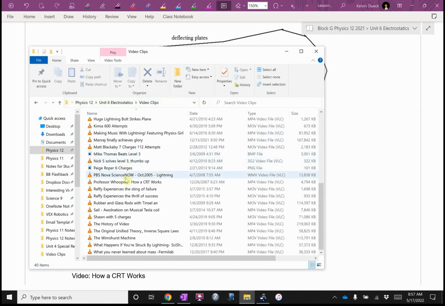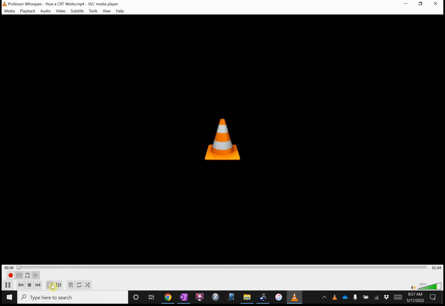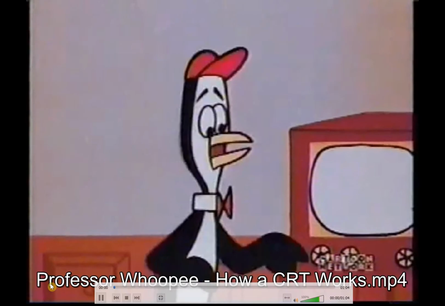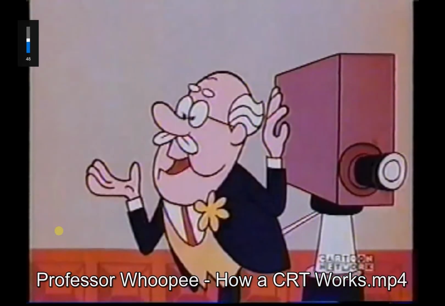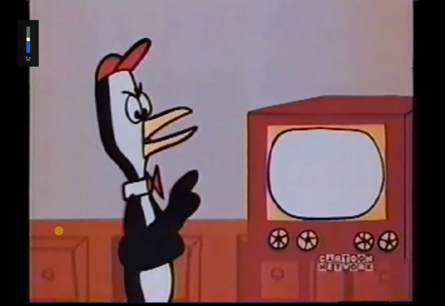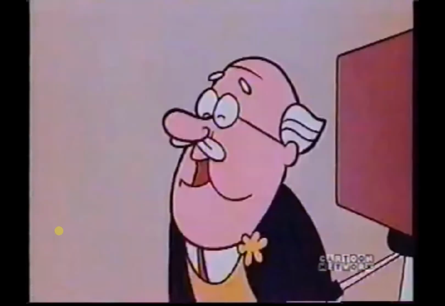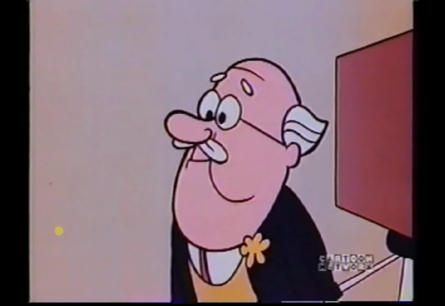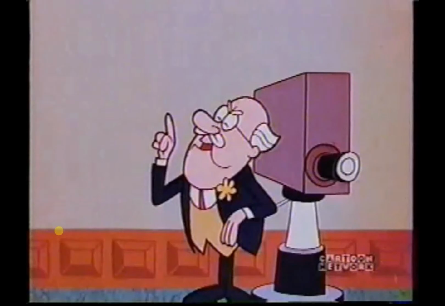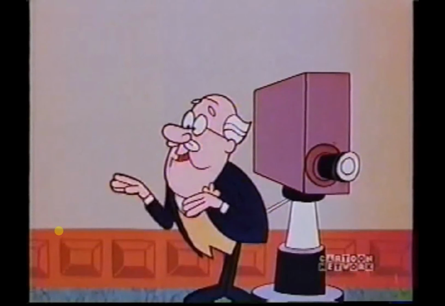Where is Professor Whoopi? There he is. But there's still something I don't understand, Mr. Whoopi. Well, what's that, my boy? I looked real close, and I didn't see any picture going across the room between the camera and the TV set. But of course you didn't. There wasn't any picture, just electromagnetic waves which are invisible.